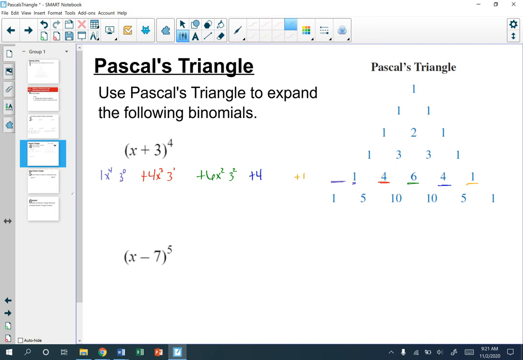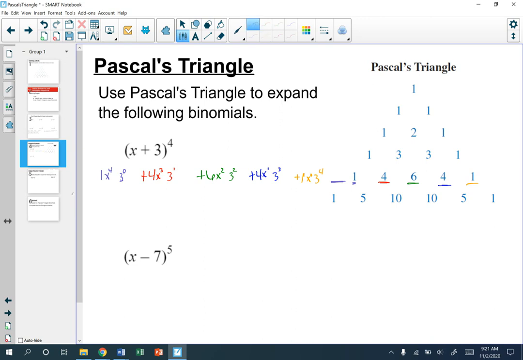Then I go to the 4. My x decreases by 1, and then 1 plus what gives me 4? That would be 3 to the third. My x power decreases by 1, so that's just x to the 0. And the 3 to the fourth.